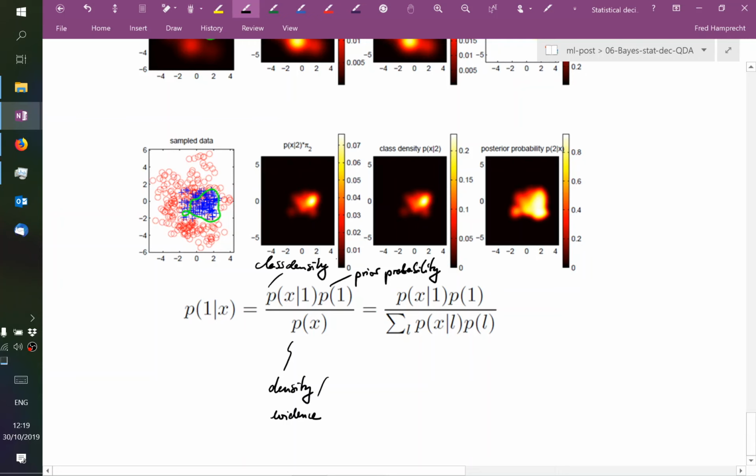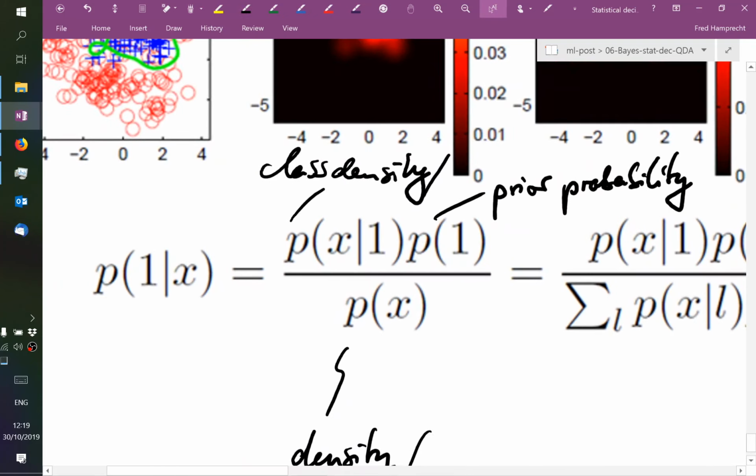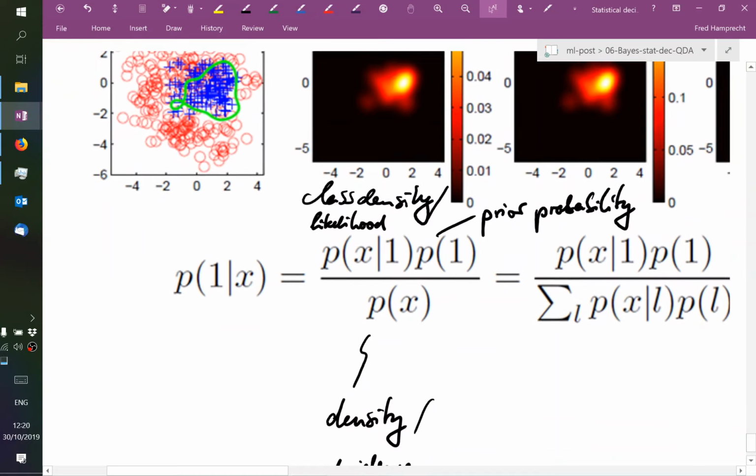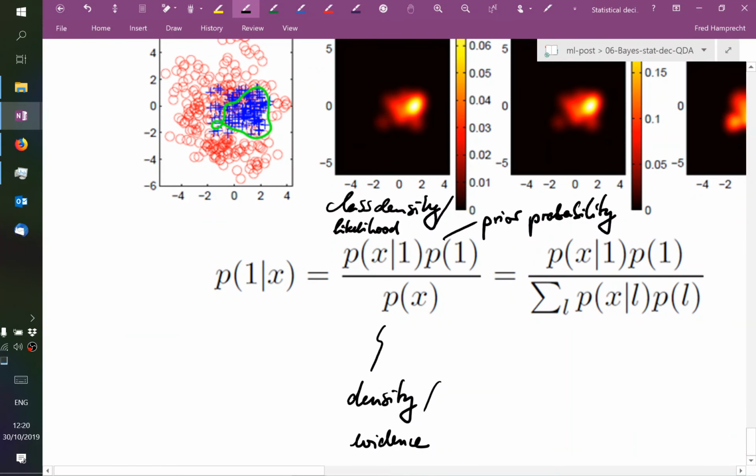Or in more general terms, if we don't deal with classification, but if we're just using Bayes' theorem, then this is also called the likelihood. This is getting small now, sorry. Class density or likelihood. And on the left-hand side, we have the posterior for short, or the posterior probability.